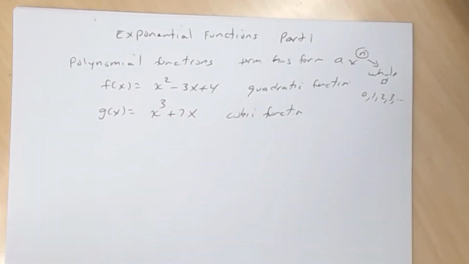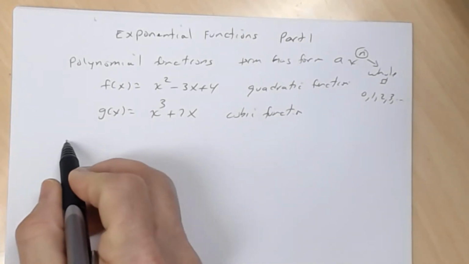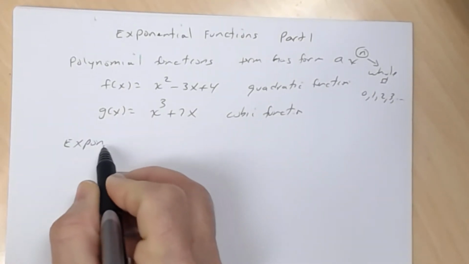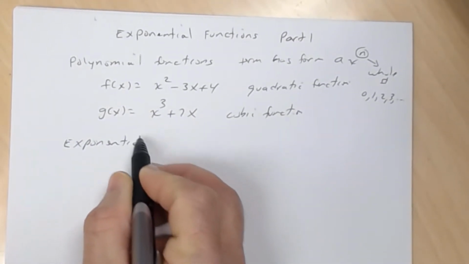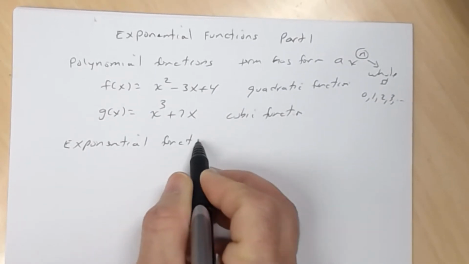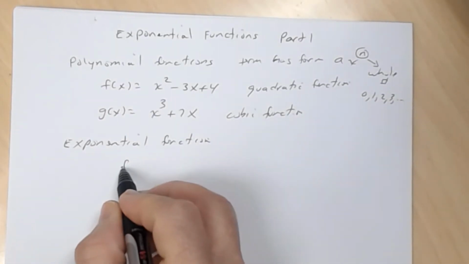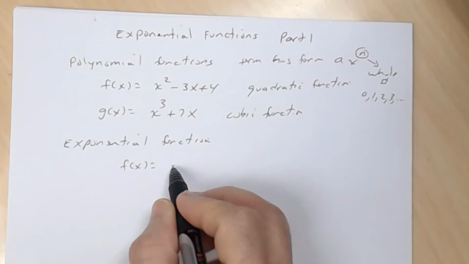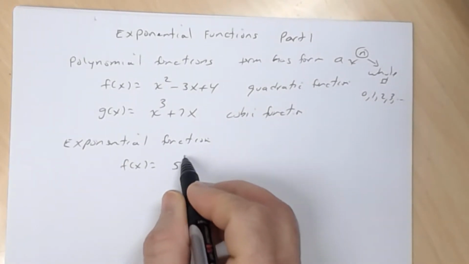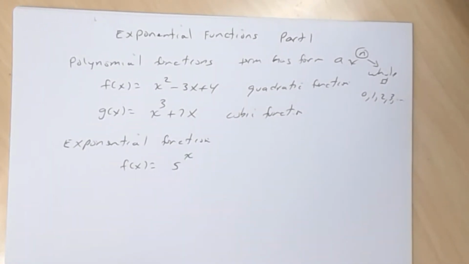Now, an exponential function. Here's an example of an exponential function, and then we'll explain the difference. So an exponential function, here's an example: f of x equal 5 to the x power. Okay, 5 to the x power. So I want you to notice something here.